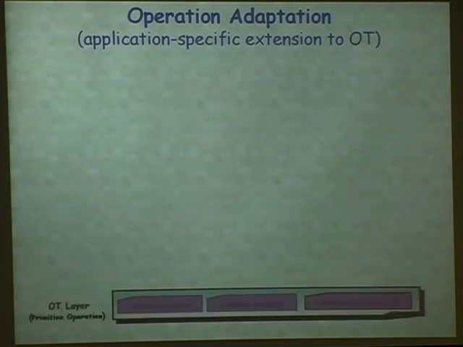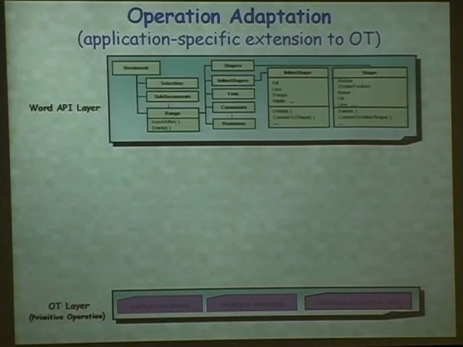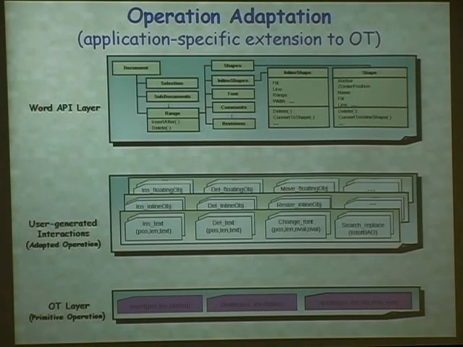That extension, on one side, takes the core OT primitive operations. On the other side, it takes the API, a comprehensive, complex API providing various operation methods for the application programmer to access. For user interaction, we generate operations we call adapted operations, AO.